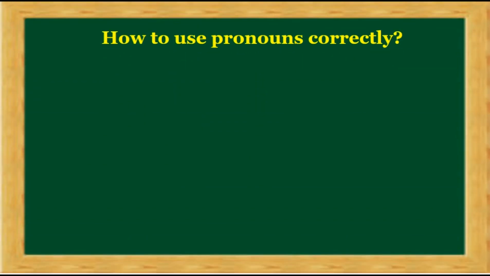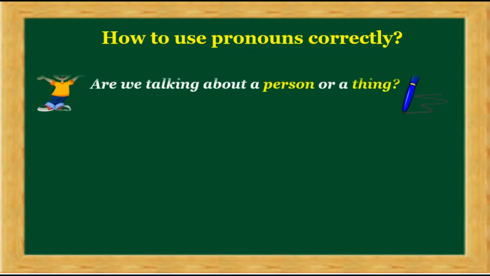Pronouns and nouns must not only agree in number, they must also agree in person. You may also ask yourself questions like, are we talking about a person or a thing? Always determine if you want your reader to imagine a person or a thing.